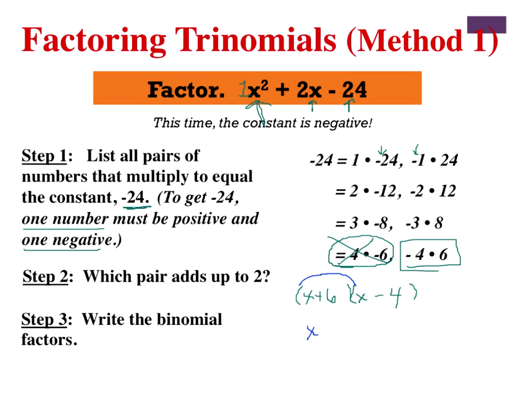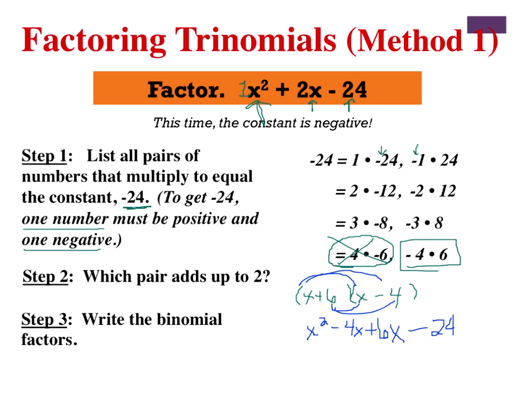And then we should always FOIL or distribute to make sure that we have this correct. So we can see now x times x is x squared. X times a negative 4 gives me a negative 4x and a positive 6x.